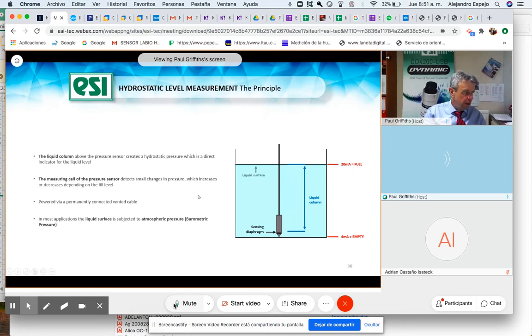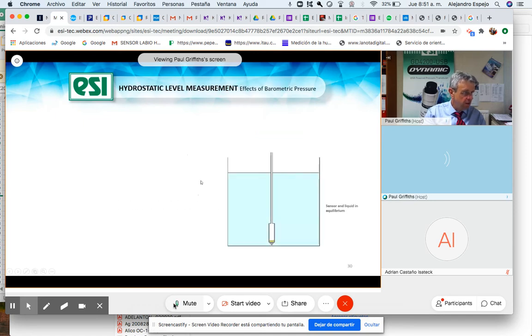This means that the sensor must be open to atmospheric pressure. We do that by having a vent tube running through to the sensor, meaning that the atmospheric pressure is acting on the surface of the water and the inside of the pressure diaphragm at the same time.